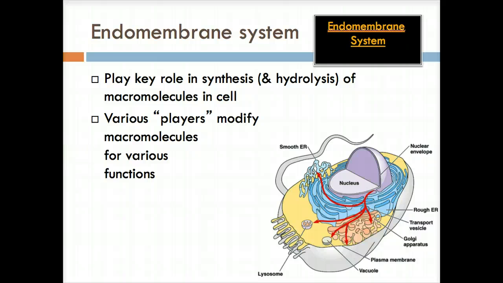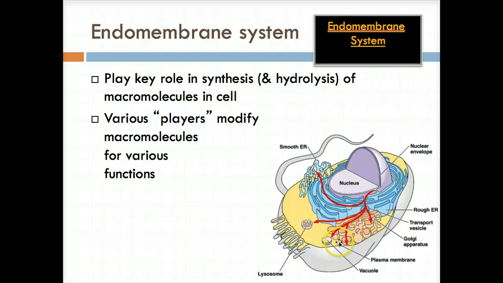Okay, now I want to take a minute to talk about a few of the organelles collectively known as the endomembrane system. The endomembrane system is just what it sounds like. Endo means inside. It's a membrane system. You can see down here, as things leave the nucleus, they take different pathways. All these different pathways will play key roles in whether we synthesize or break down macromolecules within the cell.